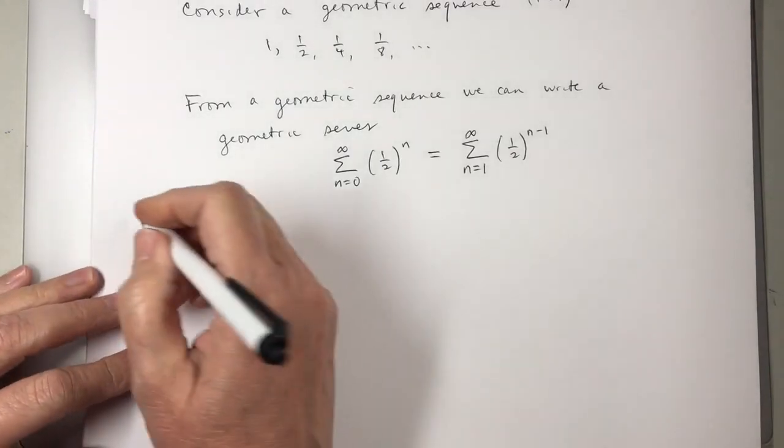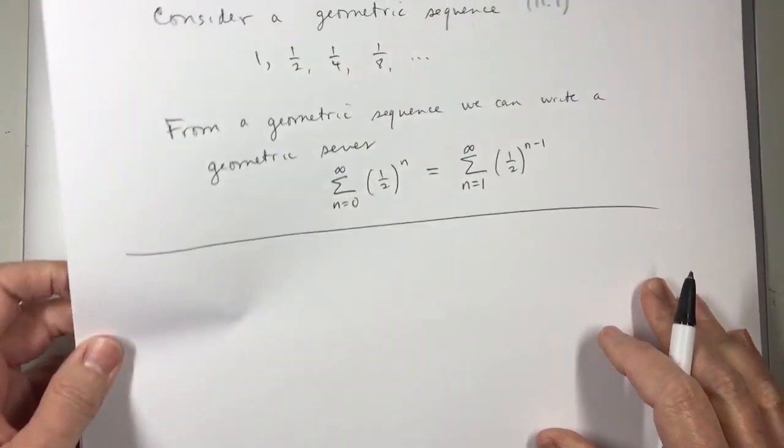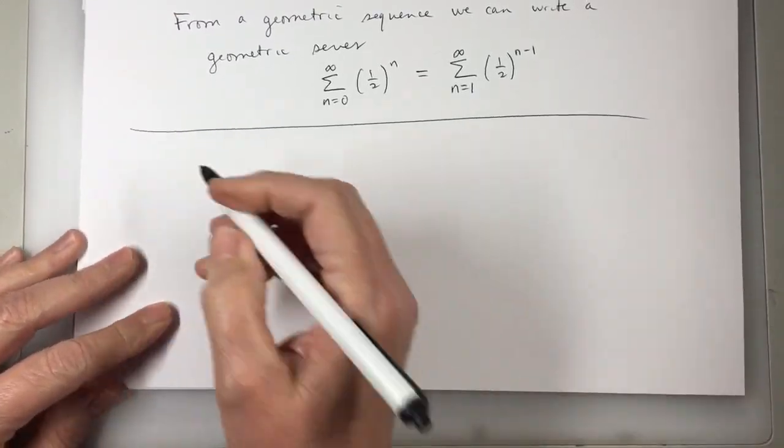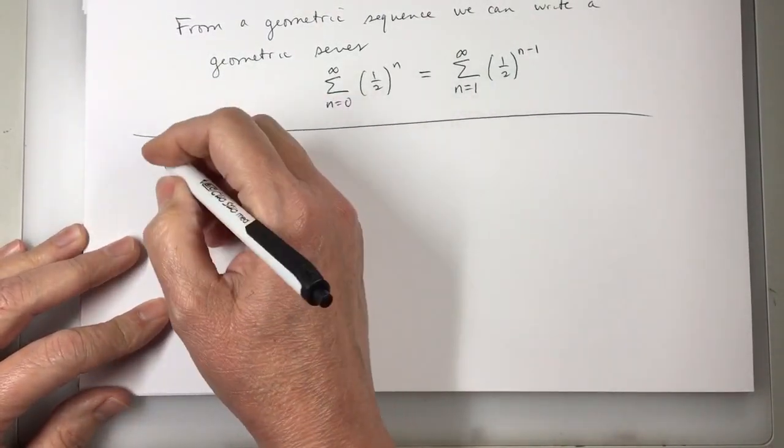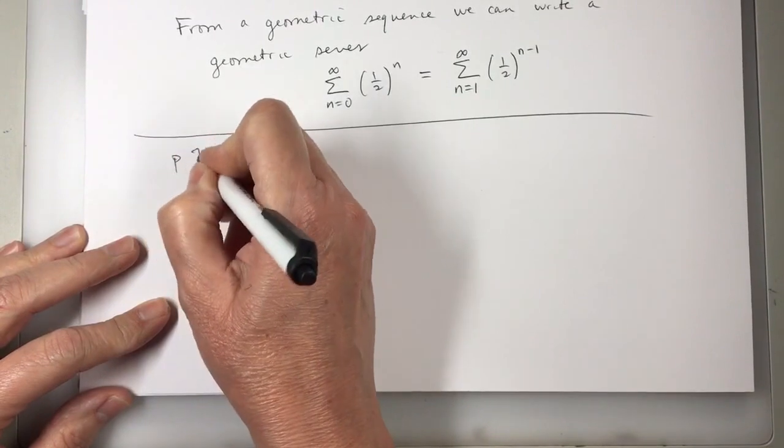So here's a little summary of this. This is actually on page 710 in your book.